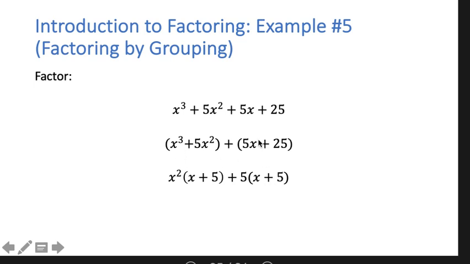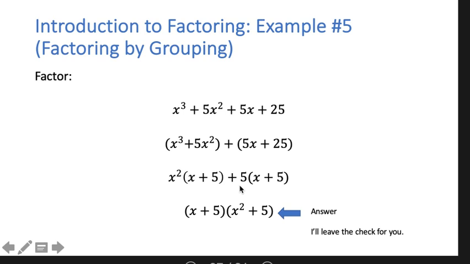And here, I factor out 5, and I get x plus 5. What's important is that these parentheses match. If these parentheses don't match, you can't do factoring by grouping. Now, this is a problem where they do match. So x plus 5 and x plus 5 are the same. So that's our GCF. And we factor out this x plus 5 term. What's left behind is x squared plus 5.